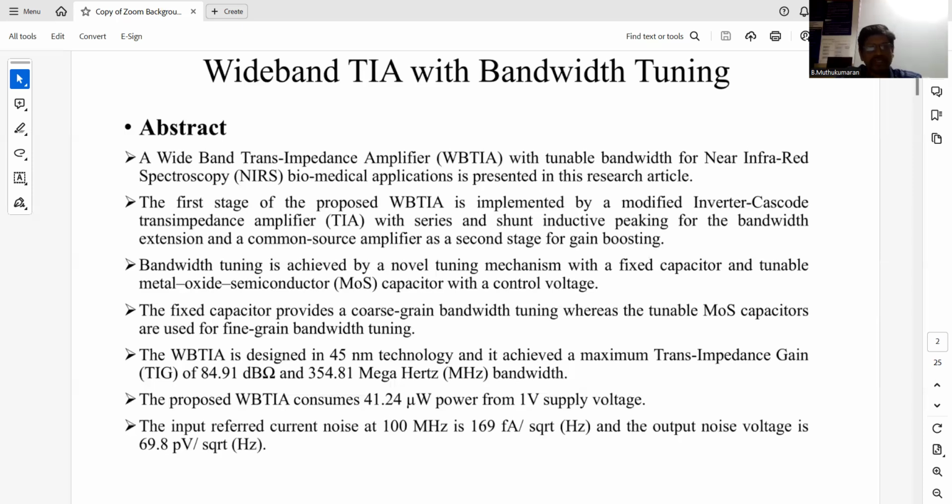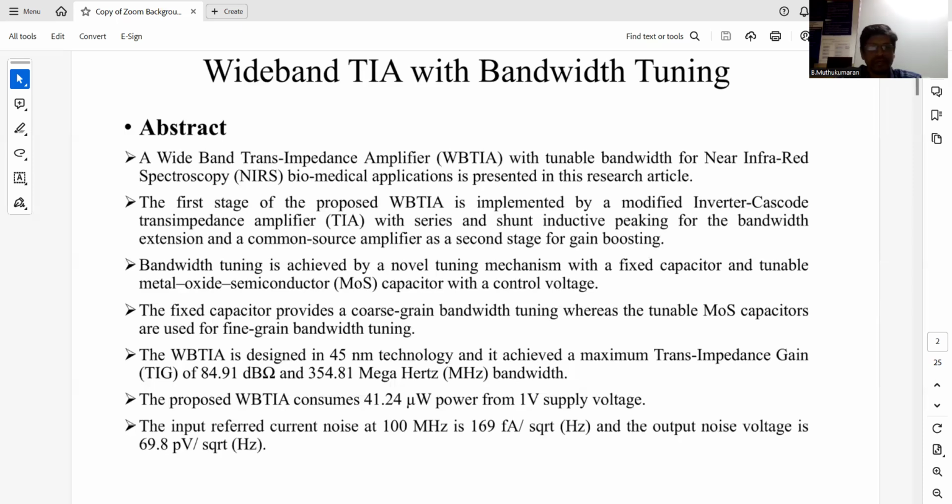The fixed capacitor provides coarse bandwidth tuning, whereas the tunable MOS capacitor is used for fine-grain tuning of the bandwidth.